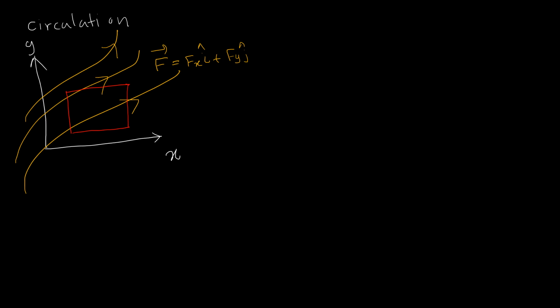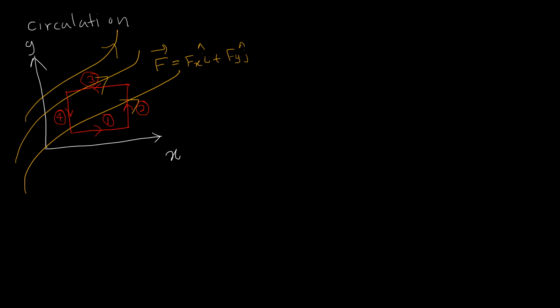The circulation actually means the line integral of my vector field along this loop. So the line integral along this path, let me call it 1, plus the line integral along path 2, plus the line integral along path 3, plus the line integral of the vector field along path 4.